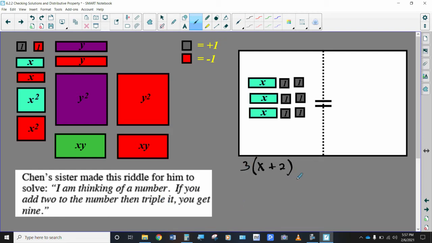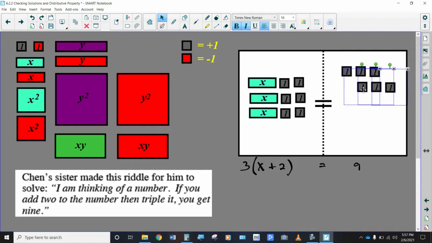And after you do all of that, you get 9 for an answer. So let's go ahead and put our 9 over here. 1, 2, 3, 4, 5, 6, 7, 8, 9.